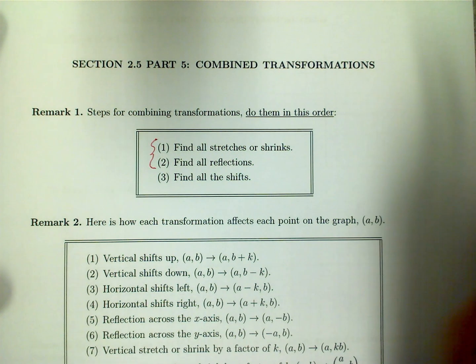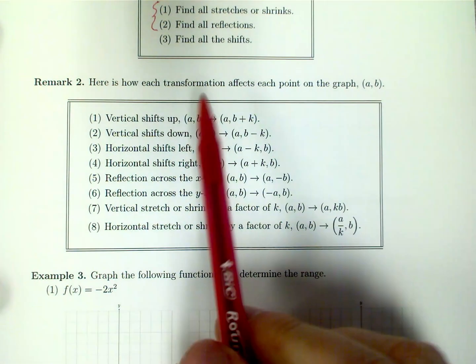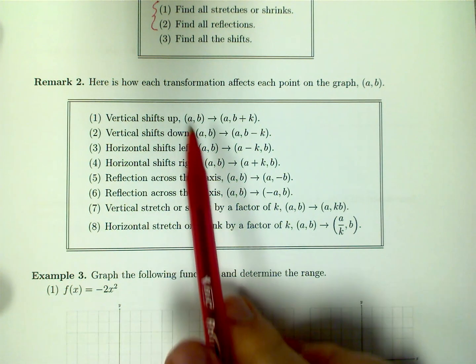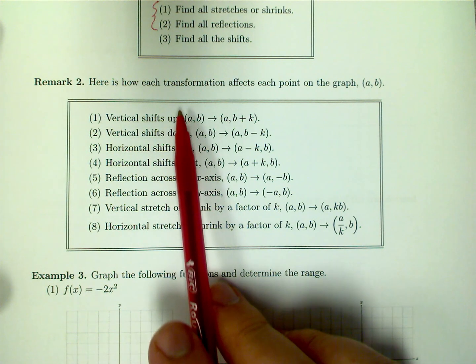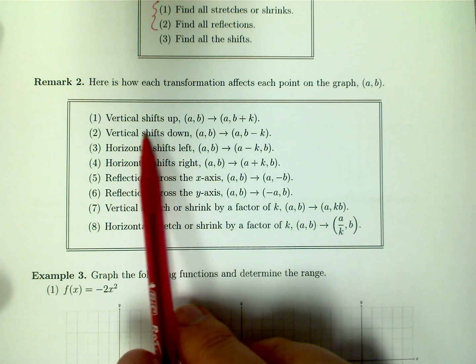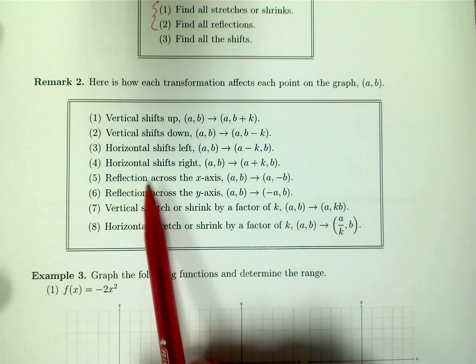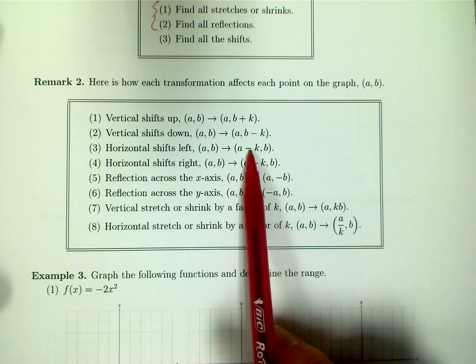So what is actually going on when we're doing these transformations? Well, here I have a list of what's going on to each point when you do this. If you're shifting up by k, it's the point and then add k to the y coordinate. Shifting down, we're subtracting k, and this is where it gets interesting. If you're shifting left or right, you're actually doing the opposite.